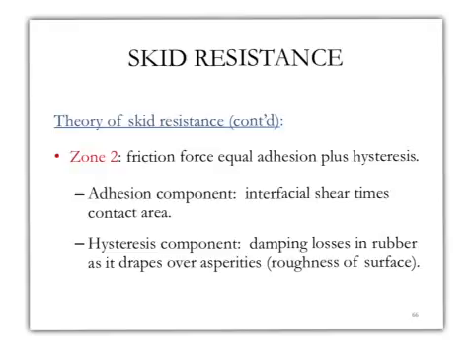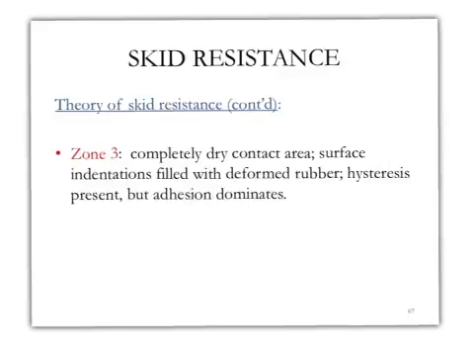The adhesion component is going to come from the interfacial shear times the contact area, and the hysteresis component is going to come mainly from the damping losses in rubber as it drapes over asperities, or the roughness of the surface. Now zone 3 is really a completely dry contact area, and the surface indentations are filled with deformed rubber.